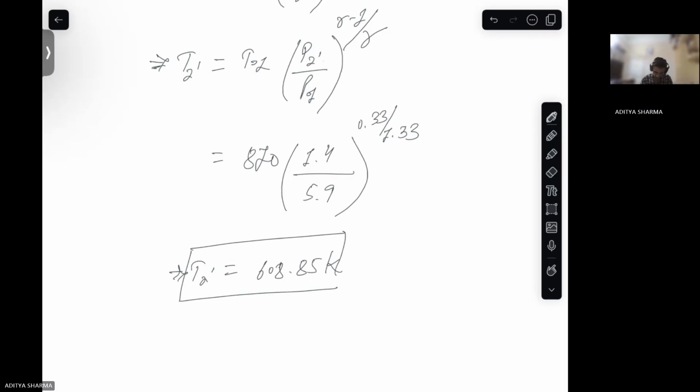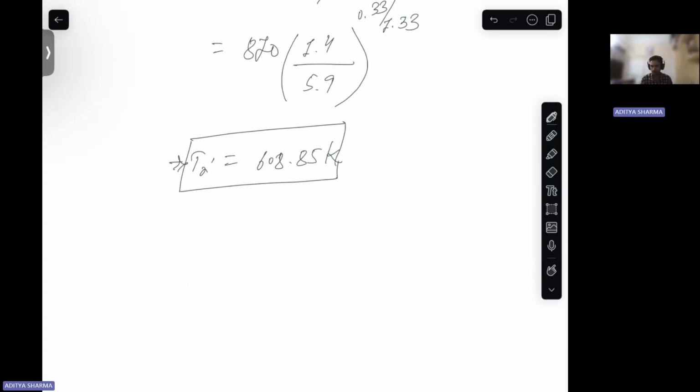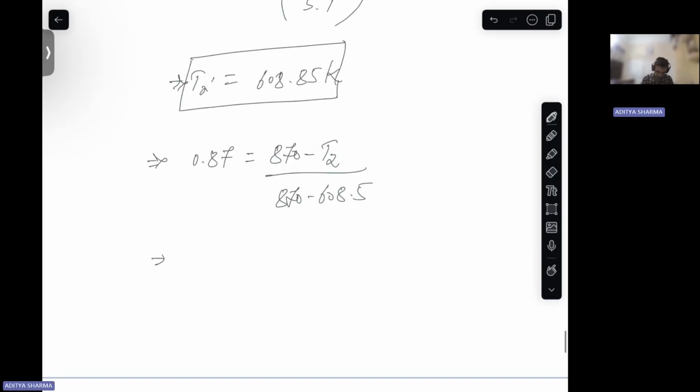Then placing values in the nozzle efficiency: the efficiency is this, T01 is 870 minus T2. So T2 is equal to 870 minus 0.87 into 870 minus 608.85.